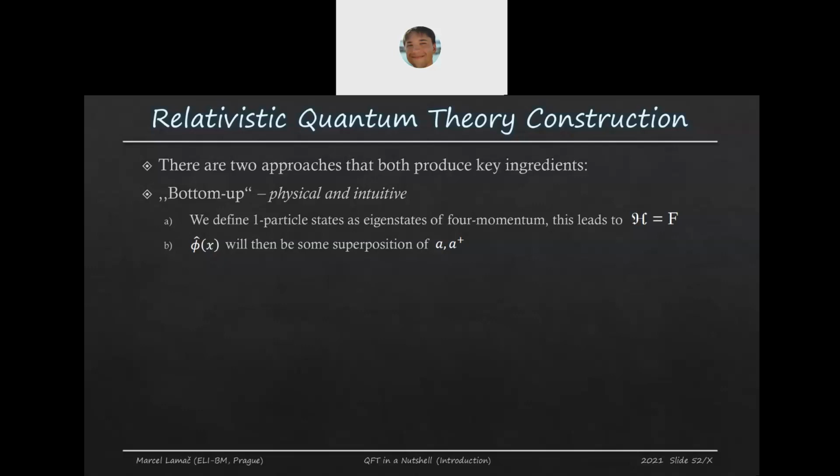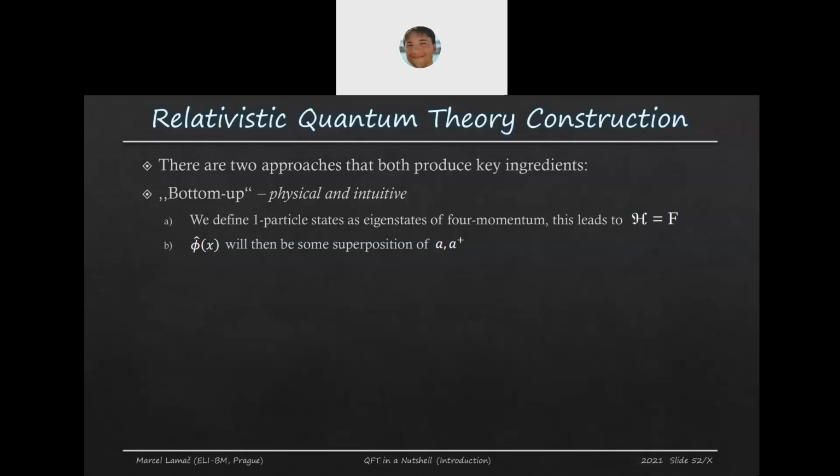Then the local and causal operators that form the basis of our physical observables are some superposition of creation and annihilation operators on this Fock space. Because as we know, on the Fock space, the creation and annihilation operators are the only ones that change the states within, or that somehow act on the states, right?